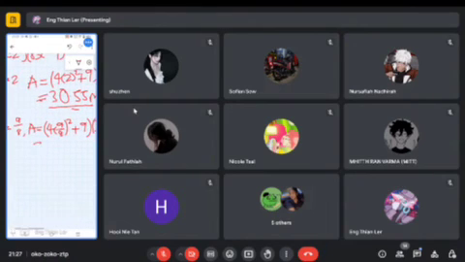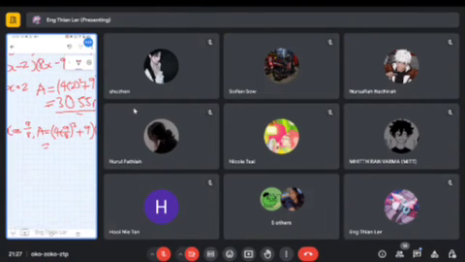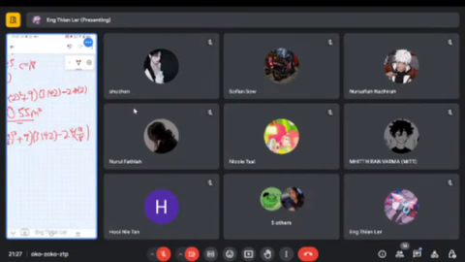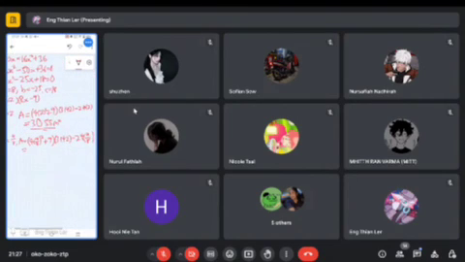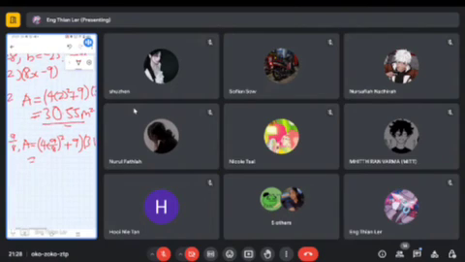So pressing this on the calculator will give us 17.184375, but we will write in 3 decimal places, or 2 decimal places if you like.